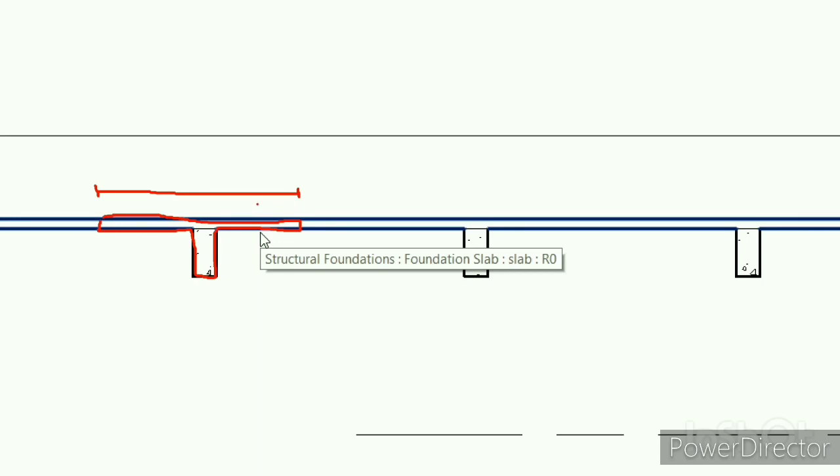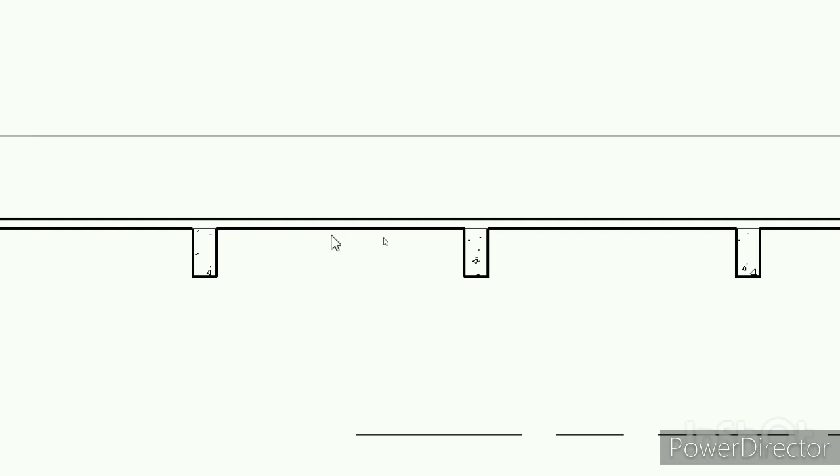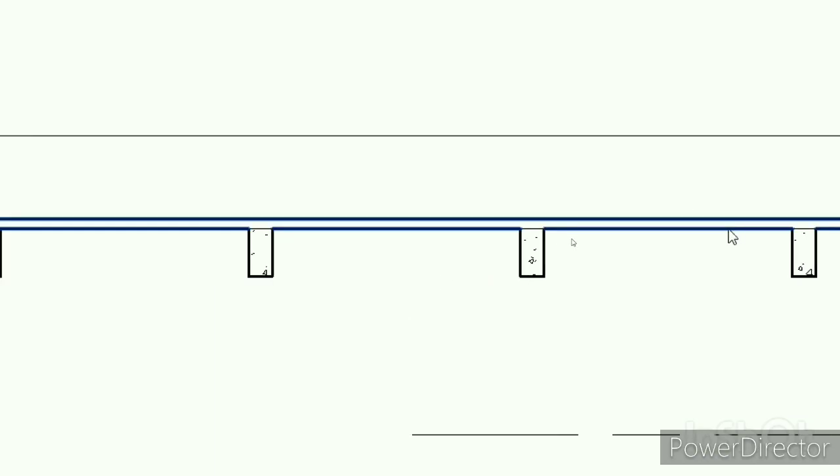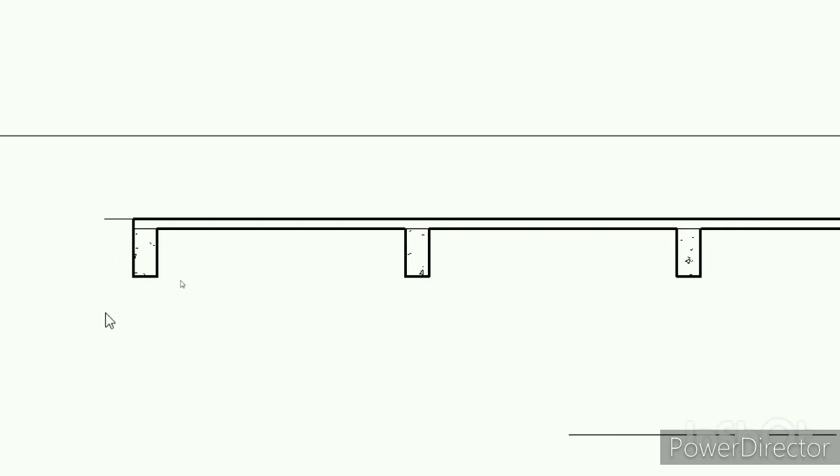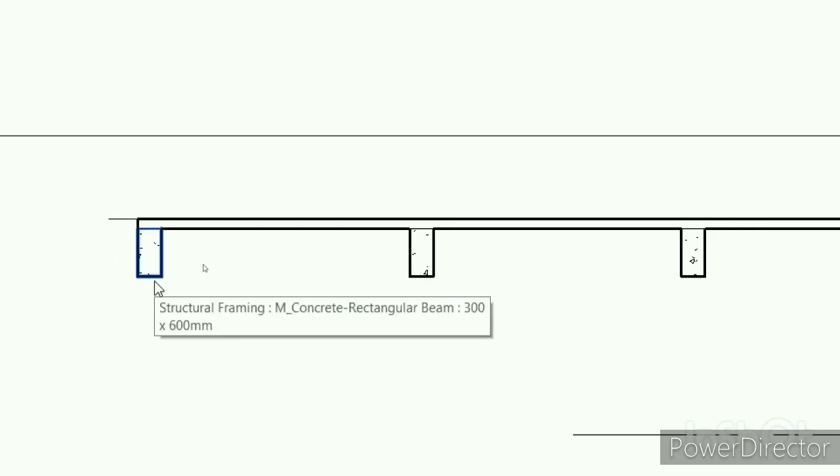So as we have discussed right now, whenever there is an intermediate frame, there will be the T section, but whenever there is an end frame, there will be the L section, like this. This is the L section. IS code has clearly given the formula for T section and L section while calculating the effective width of the flange.